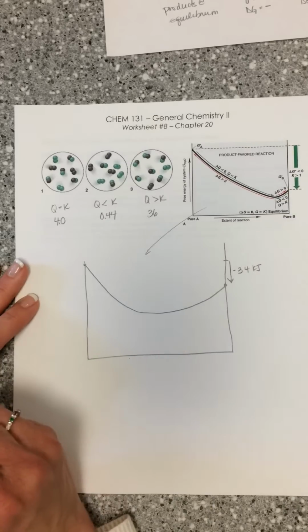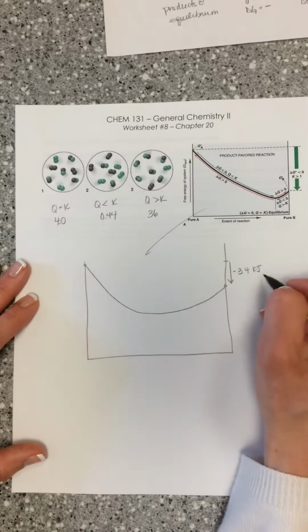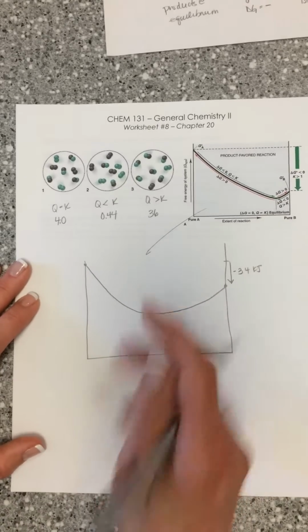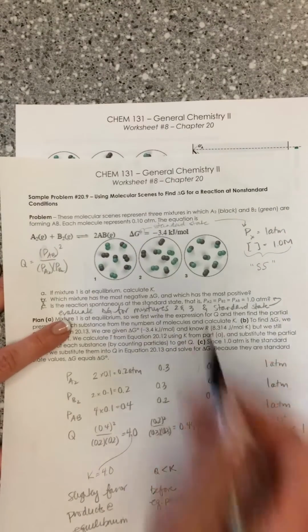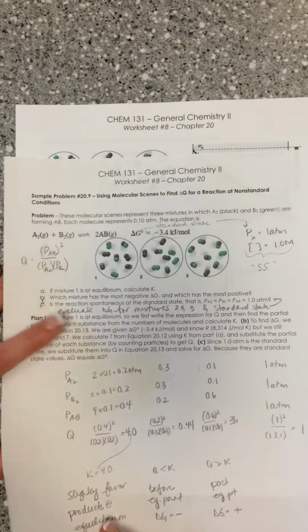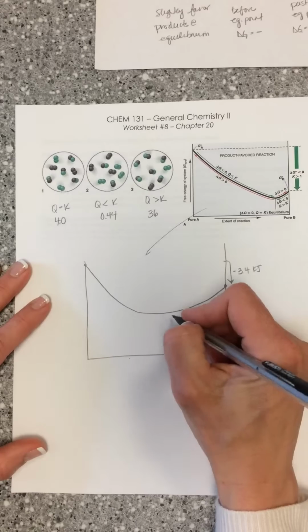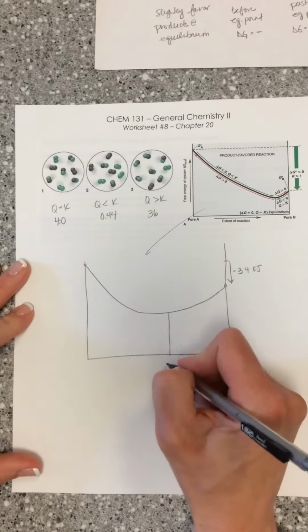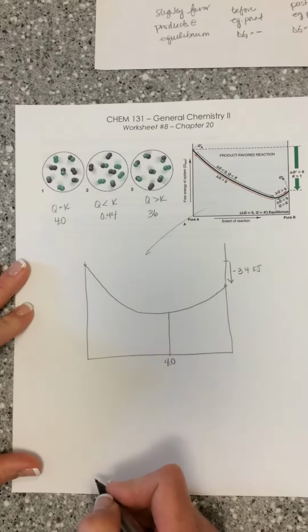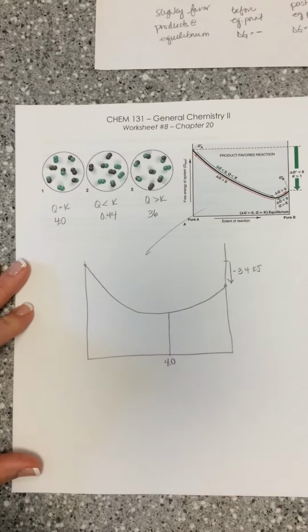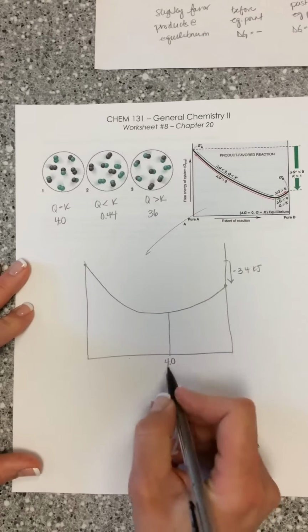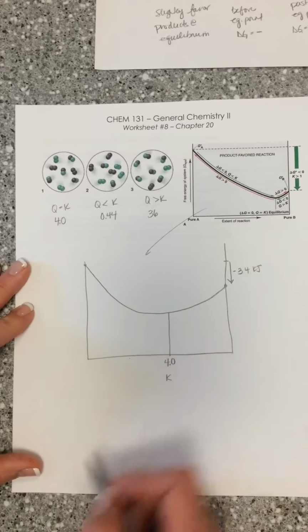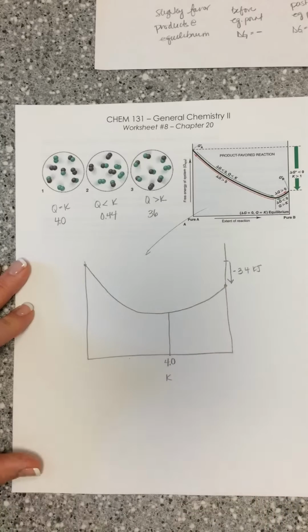So delta G, again, representing the difference between products and reactants, minus 3.4 kilojoules, which is what we knew it was for this process. When I have reached my set point, where I want to be, I know that my equilibrium constant will equal 4.0. So that's what my K will be equal to.